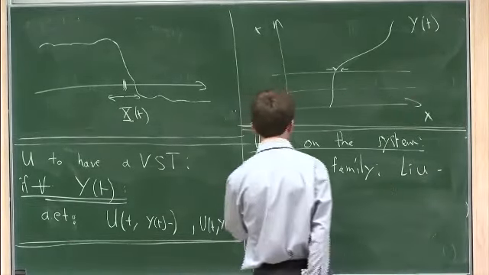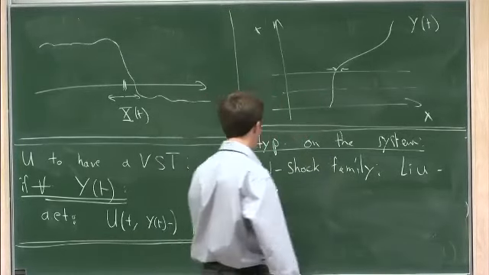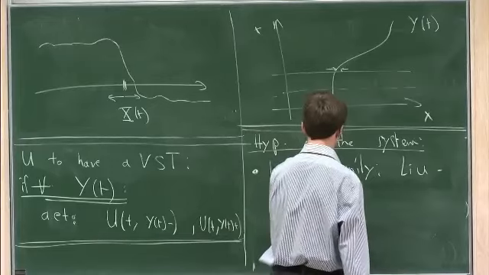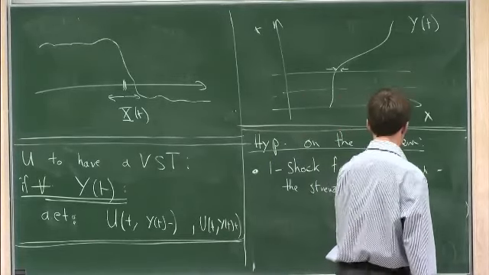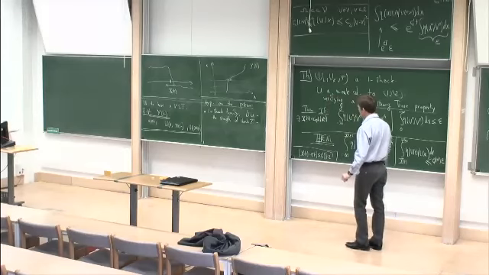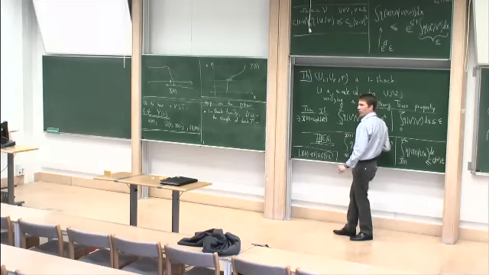And on top of it, along the family, the strength of the shock increases, which is also very natural. You will see, I will write it exactly, this is the strength computed in terms of the distance that we have, the relative entropy.